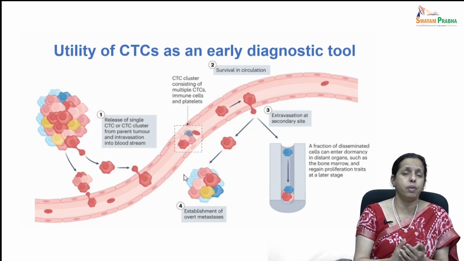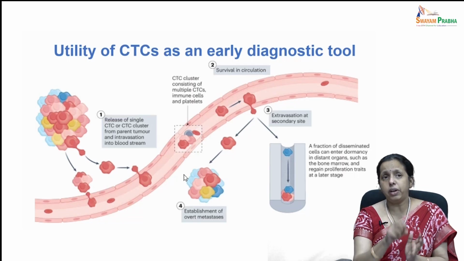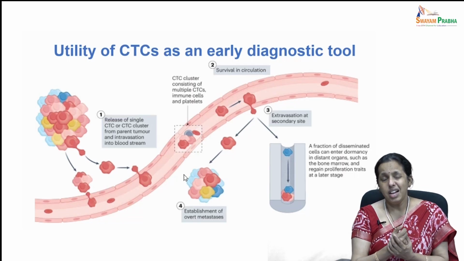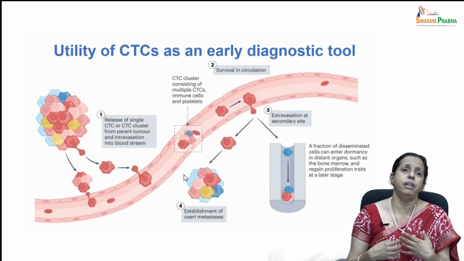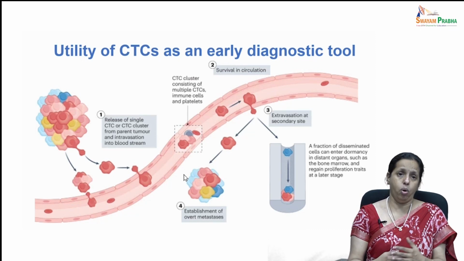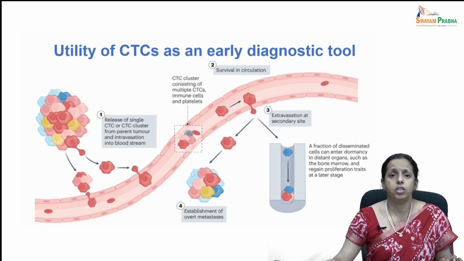Whereas using liquid biopsy or CTC technology, suppose you are able to enrich these CTCs, isn't it fantastic that at the DNA level itself, even when the cell quantity is very low, you will be able to pinpoint it as an early diagnostic tool.